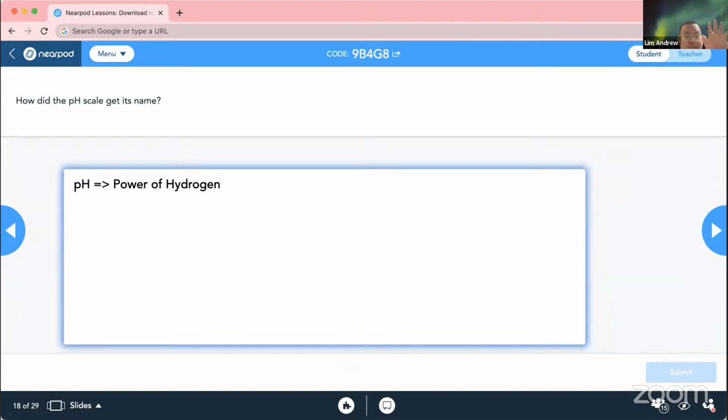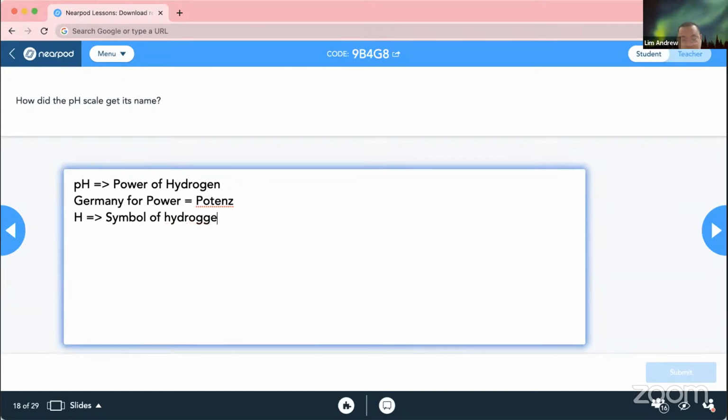And pH is known as power of hydrogen, where the P is a short form for a German word known as power or potence. Not sure that I pronounced it correctly. The German word for power is this one. Then H is the symbol of hydrogen.